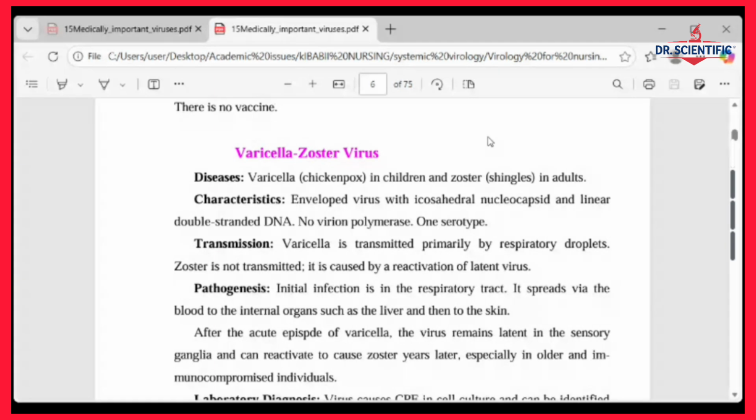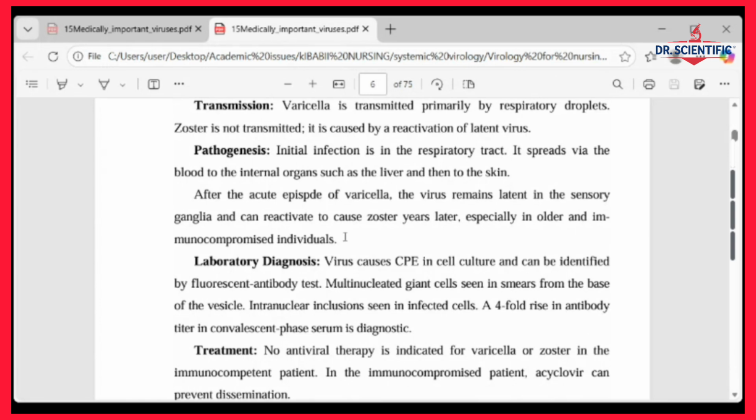But once it heals, the virus within the cells, especially the sensory ganglia, can remain latent for a long time and can reoccur through reactivation to cause what we call zoster years later, especially in older and immunocompromised individuals. Interestingly, even as we speak, all of us could be carrying the varicella zoster virus, but it only waits for an opportunity where we are not immunologically strong or in our old age. That's when it starts presenting itself.